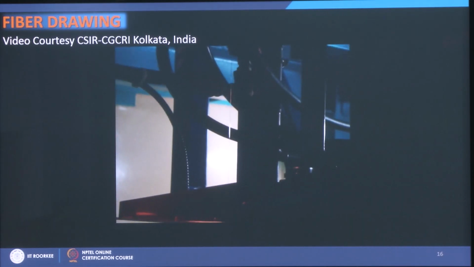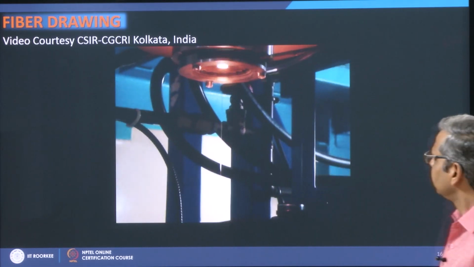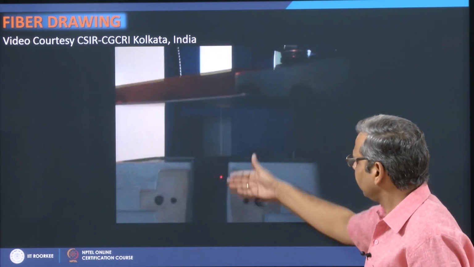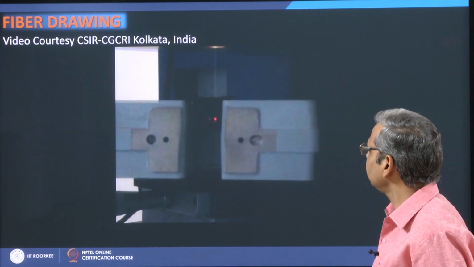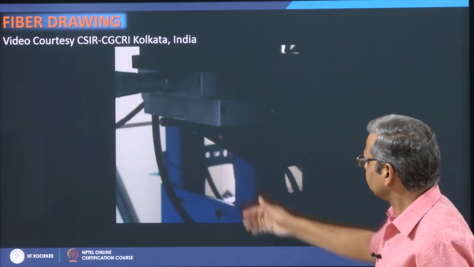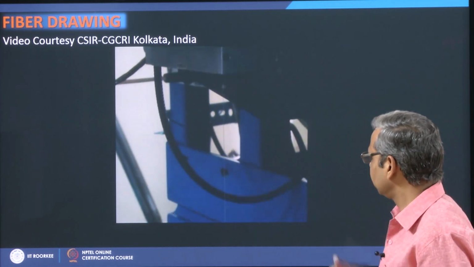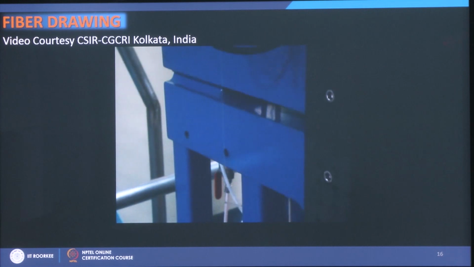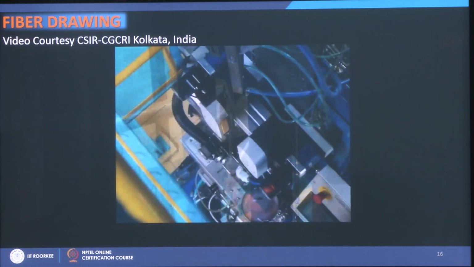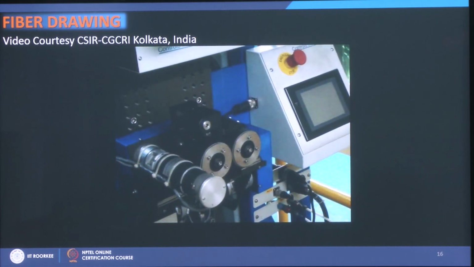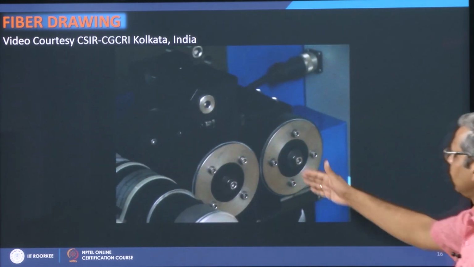And then it goes through various stages, okay. So this is the fiber coming out, this is the diameter monitor. This is again, you can see the fiber coming down, and this is the take up drum.